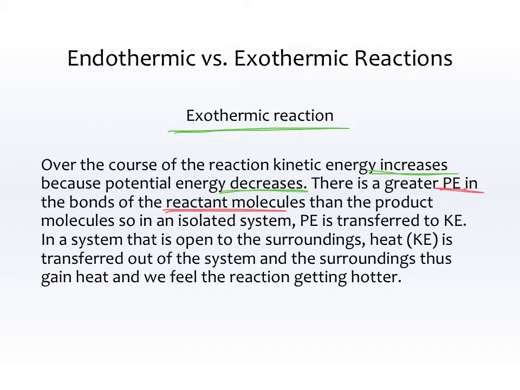So when it's exothermic, the reactants contain more energy, potential energy, and so when they're transferred to products, they lose that potential energy in the form of kinetic energy or heat. So we're feeling exothermic reactions getting hot because the bonds are losing some of that energy as heat.